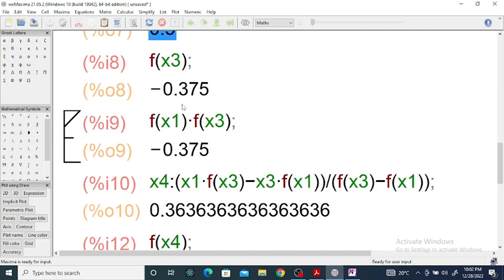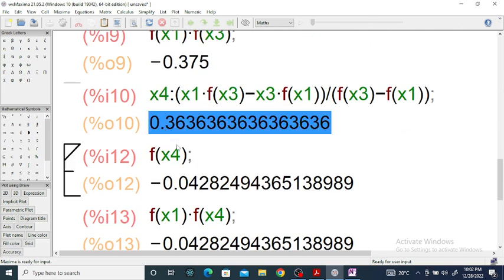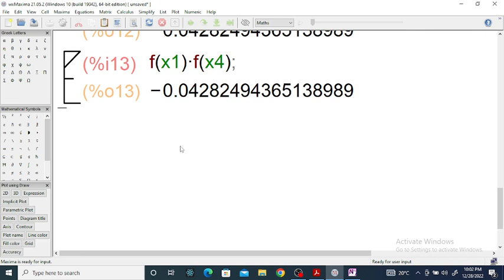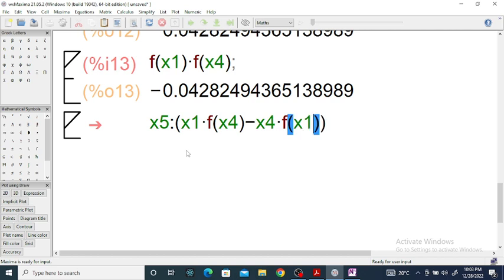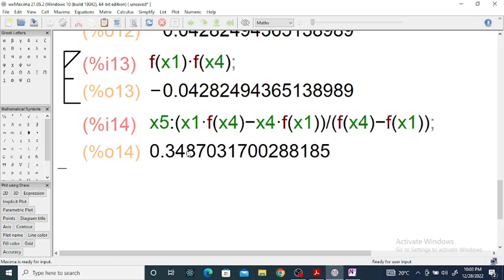0 and x4, where x4 is 0.3636. So x5 is equal to x1 times f of x4 minus x4 into f of x1, this whole divided by f of x4 minus f of x1, and we get it is equal to 0.34.